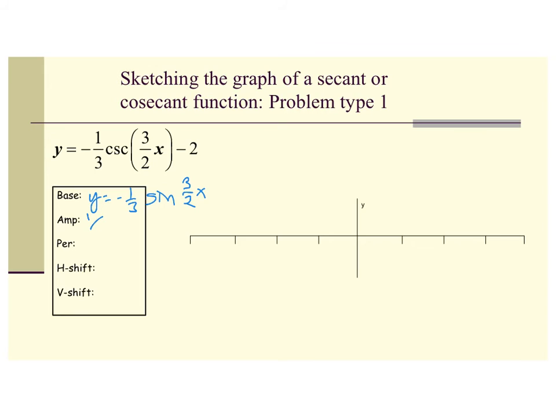My amplitude is 1/3, it's negative, so it's rotated. And the period is 2 pi over 3/2. If I flip and multiply, I'm going to get 4 pi over 3. So that is my period.